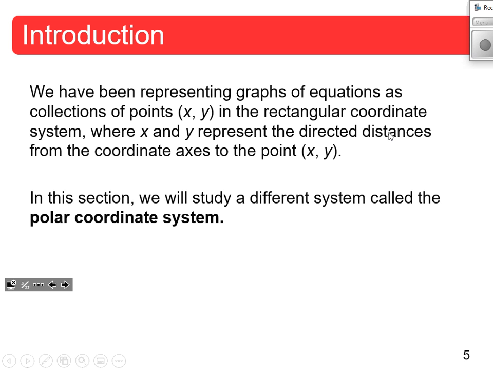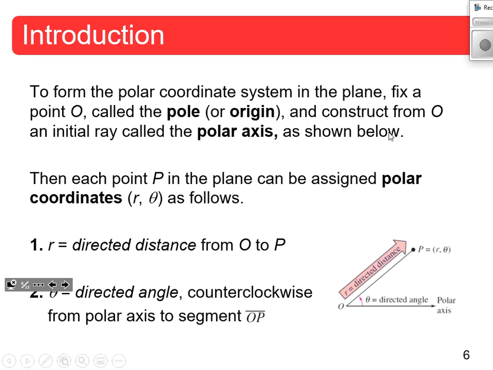Now, versus x, y, direction of the coordinate plane, we have polar. Now, polar is going to be represented by an angle and a radius. The radius will always go first, and our angle, theta, is the counterclockwise movement from the polar, positive x-axis.